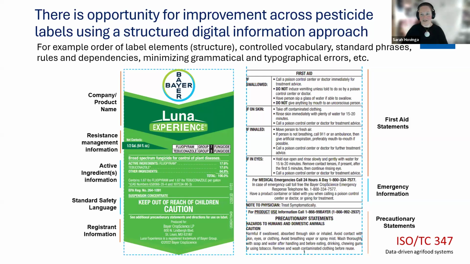And so there is the opportunity to look at what these label elements are, the structure, and see if there are opportunities to utilize, again, controlled vocabulary, standard phrases coming from standards projects, governance principles like rules and dependencies, and just minimizing grammatical and typographical errors.